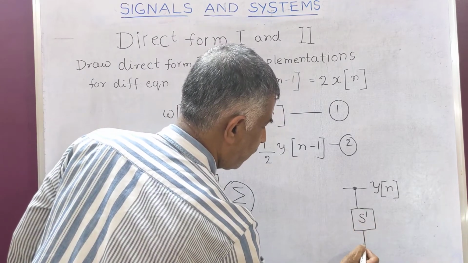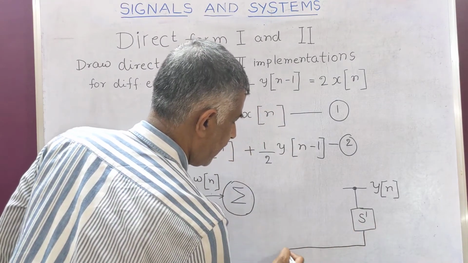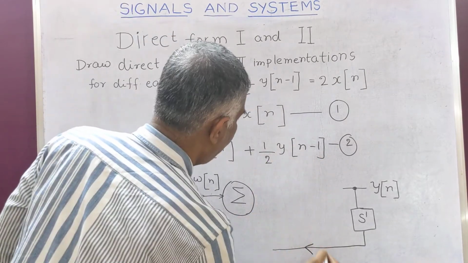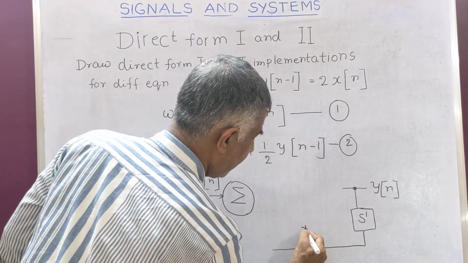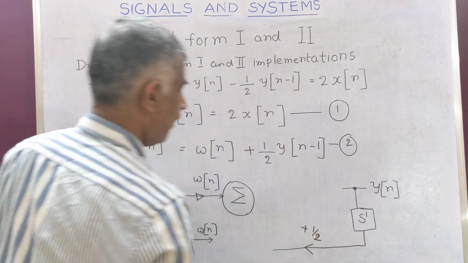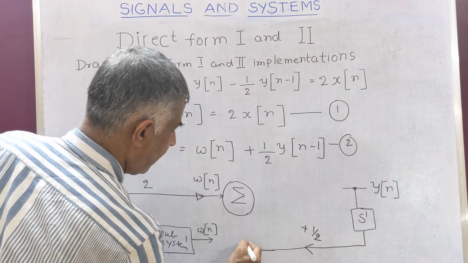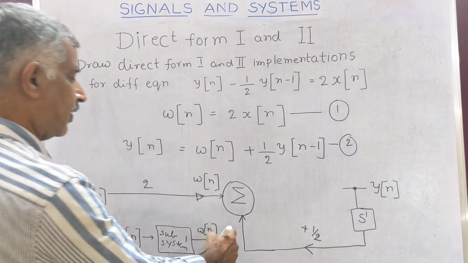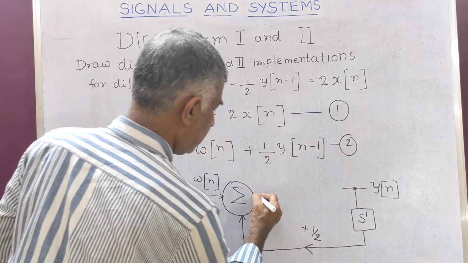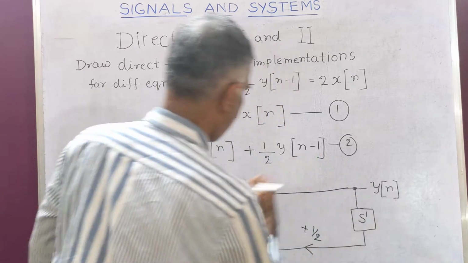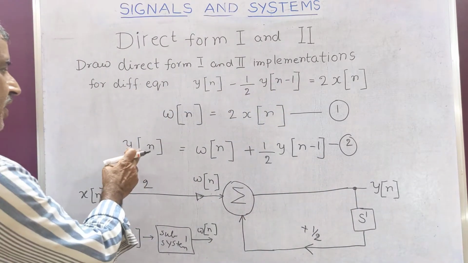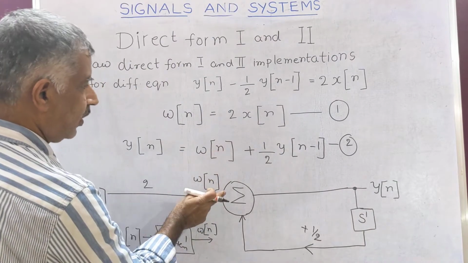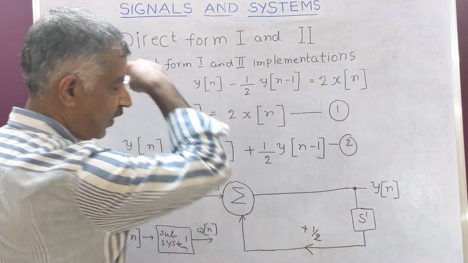So y of n minus 1 is coming here, and it is getting multiplied with plus half, and then it is given to the summation. The summation of these two will give you y of n. So here is y of n, w of n here, and y of n minus 1.